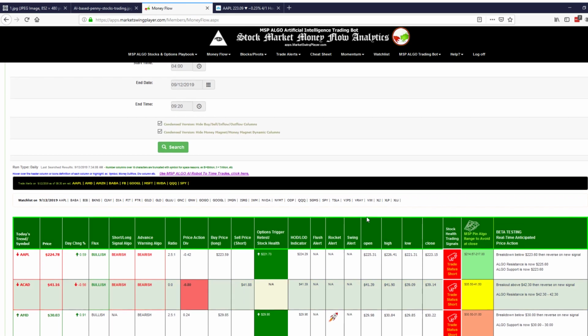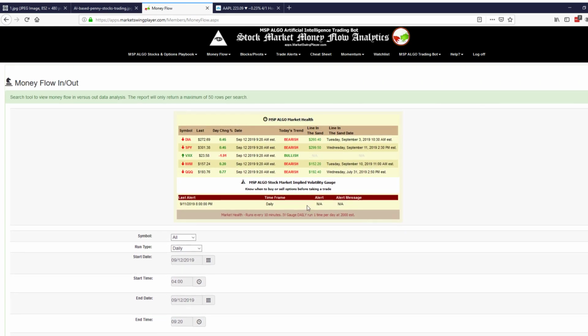So we're going to look at the money flow, and you can find that under the apps on the marketswingplayer.com application, which tracks the stock market money flow analytics using an algo of artificial intelligence. This way it evens the playing field, the average guy versus the billion-dollar algos, okay?